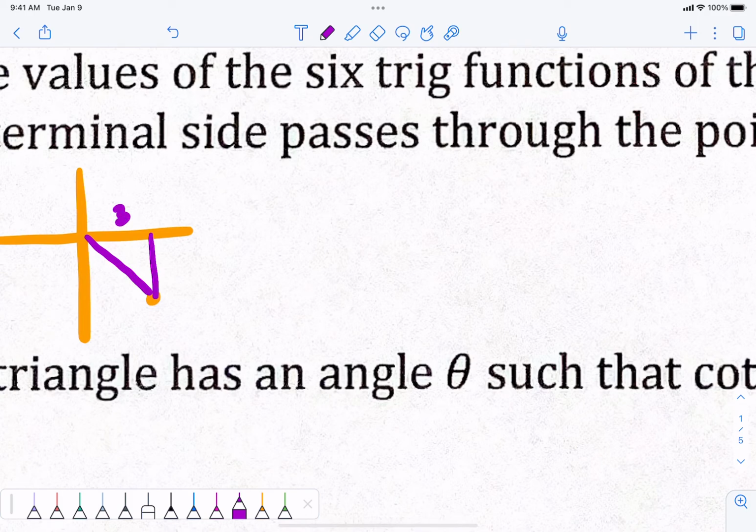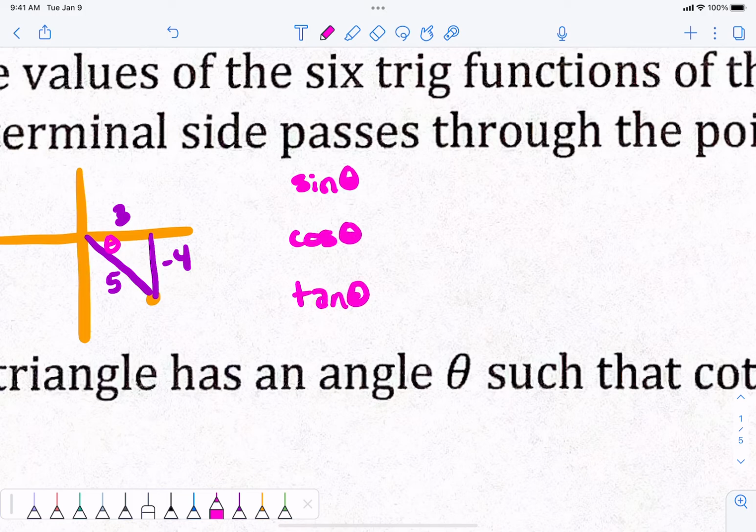So 3, -4, the hypotenuse will be 5. Where does theta live? Right there. So we want sine of theta, cosine of theta, tangent of theta, cosecant of theta, secant of theta, cotangent of theta.